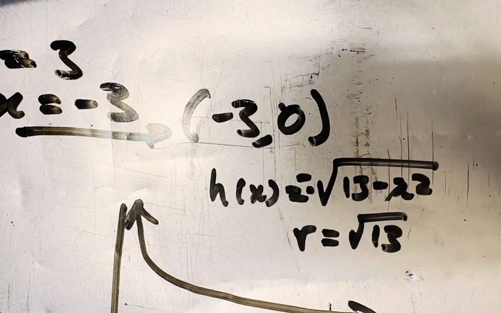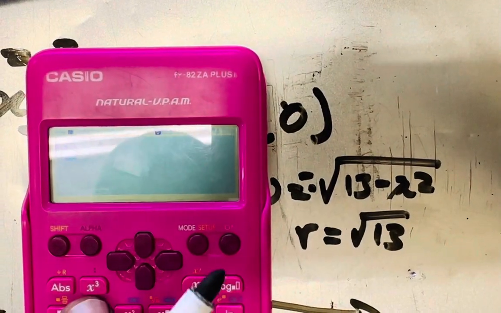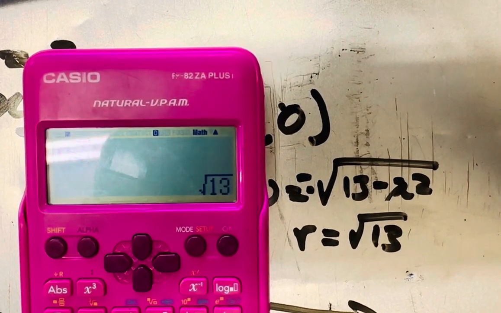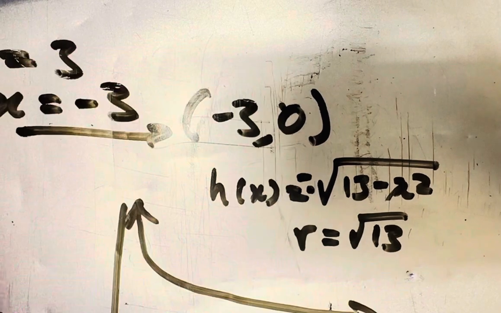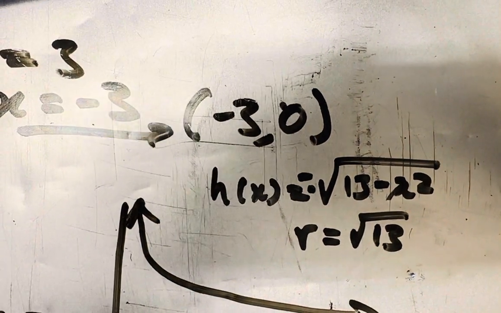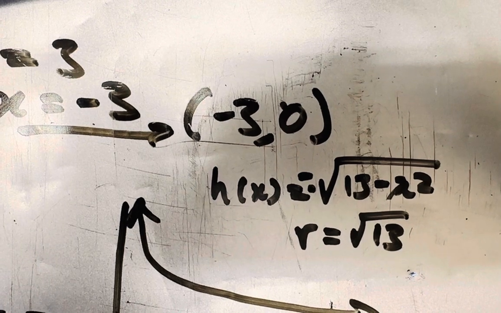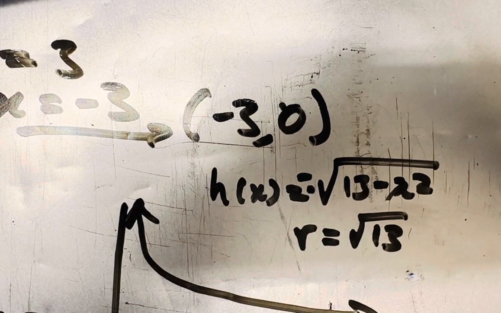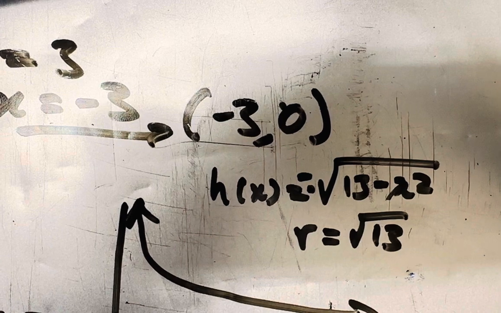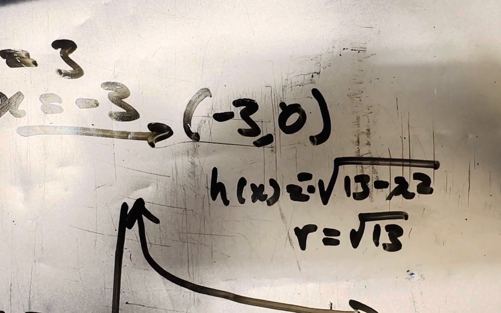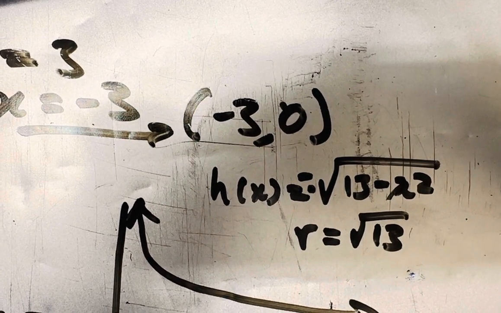When we put root 13 in our calculator, it is 3.6. So our 3.6 will just be here: negative 3.6 and 3.6. Our graph will just be moving like that.